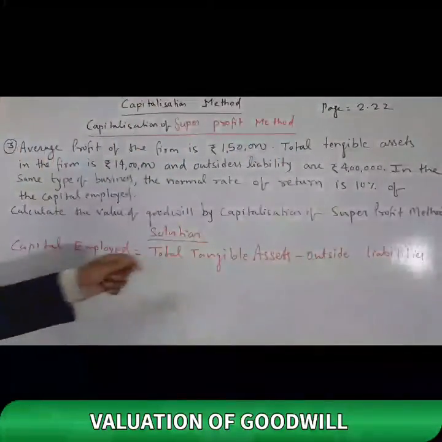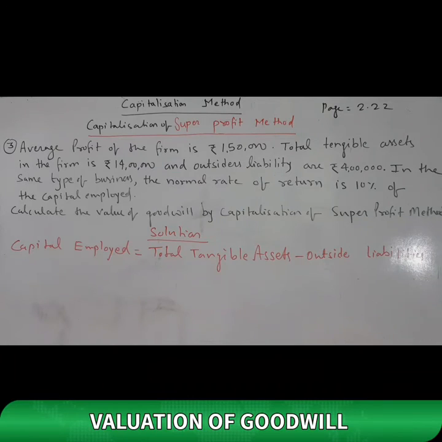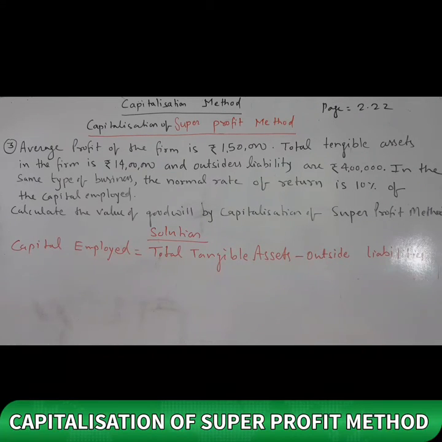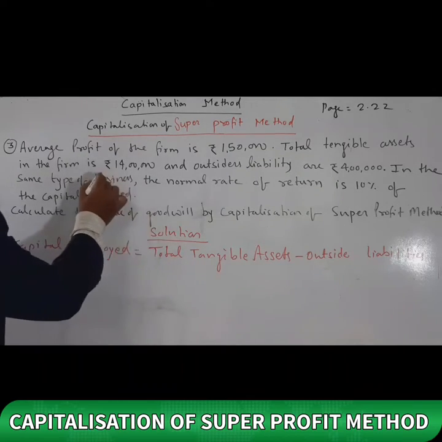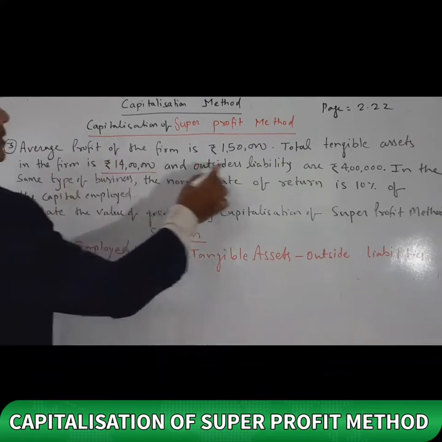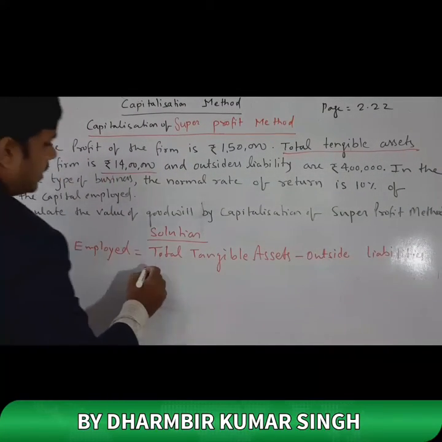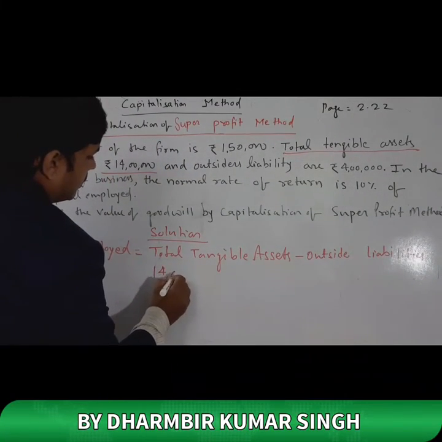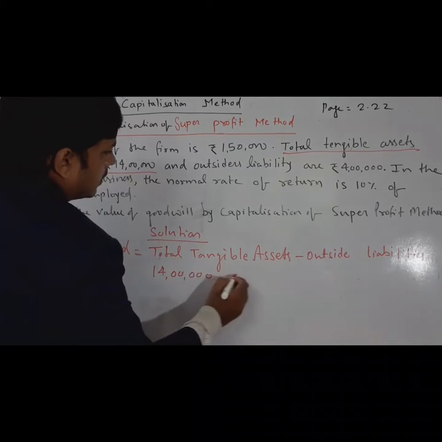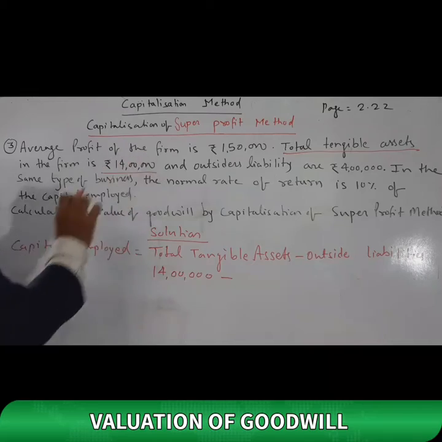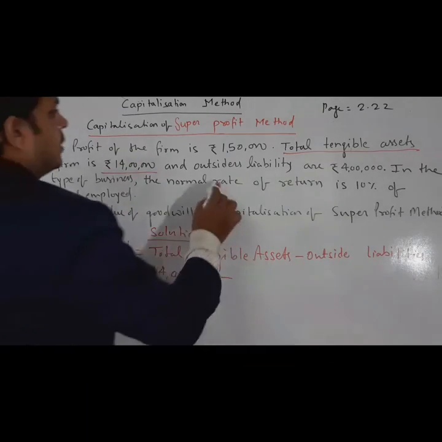Total tangible assets is already given as 14 lakh. Write 14 lakh, minus outside liabilities, which is 4 lakh.